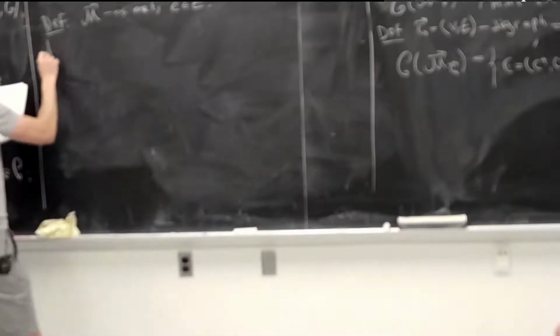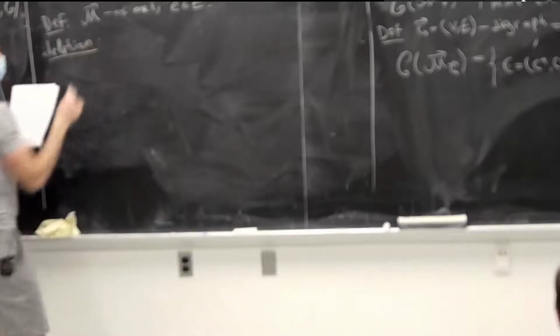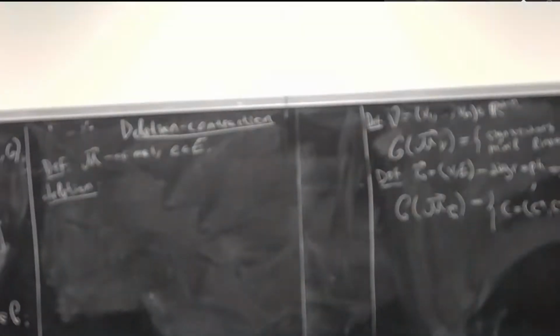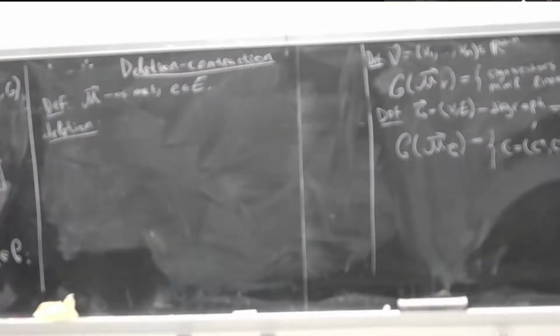How do I delete an element from my matroid? What's deletion? Let's say, so far I'm only dealing with circuits.